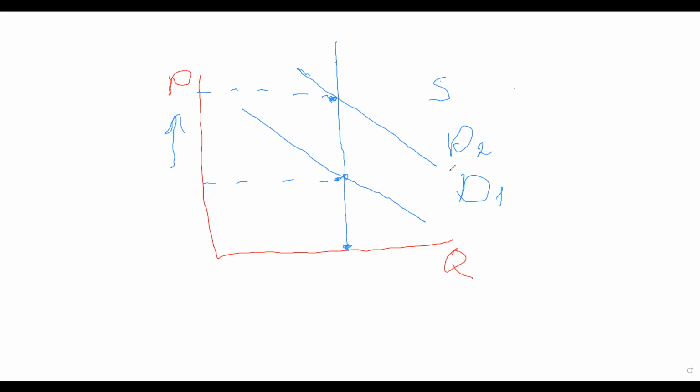How can this happen? This can happen only in the situation when the supply is fixed, which means that despite a change in price and change in the demand, the quantity supplied is fixed and the market can supply only this quantity. Again, this is a very specific situation.